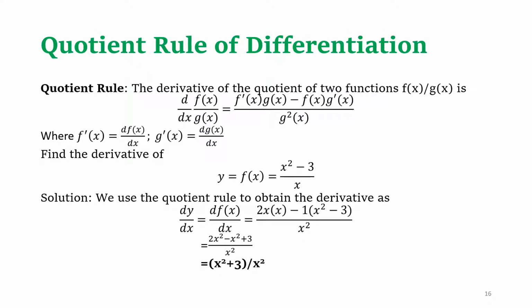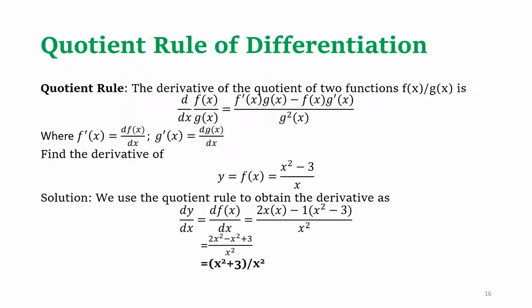Now we move on to the quotient rule. For the quotient rule, the derivative of the quotient of two functions f of x over g of x is just f prime x g of x minus f of x g prime x. Now, you know what g prime x is?